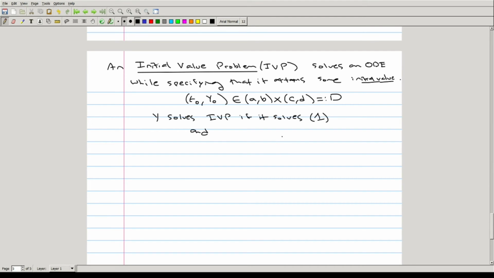And that means that y prime equals f of t comma y on I, and it satisfies the initial condition, which is that y of t naught is equal to y naught, which is the initial value of the problem.